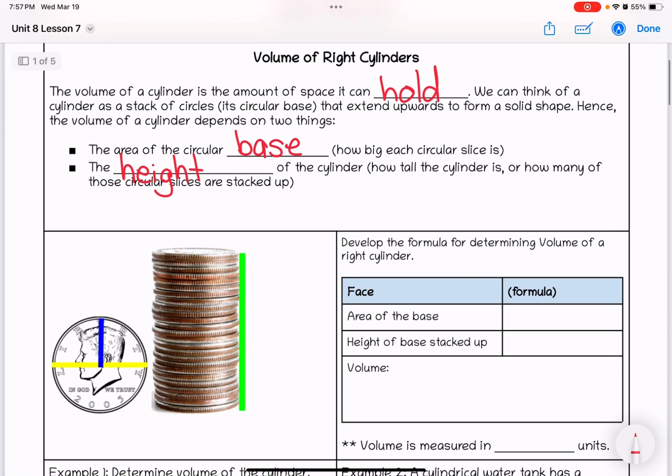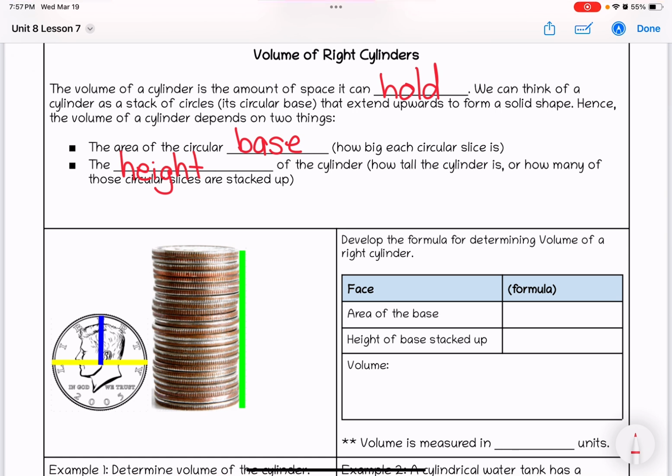So they use quarters. For example, on top, here is my top quarter. That's in the shape of a circle. And we know that the area of a circle is pi r squared.